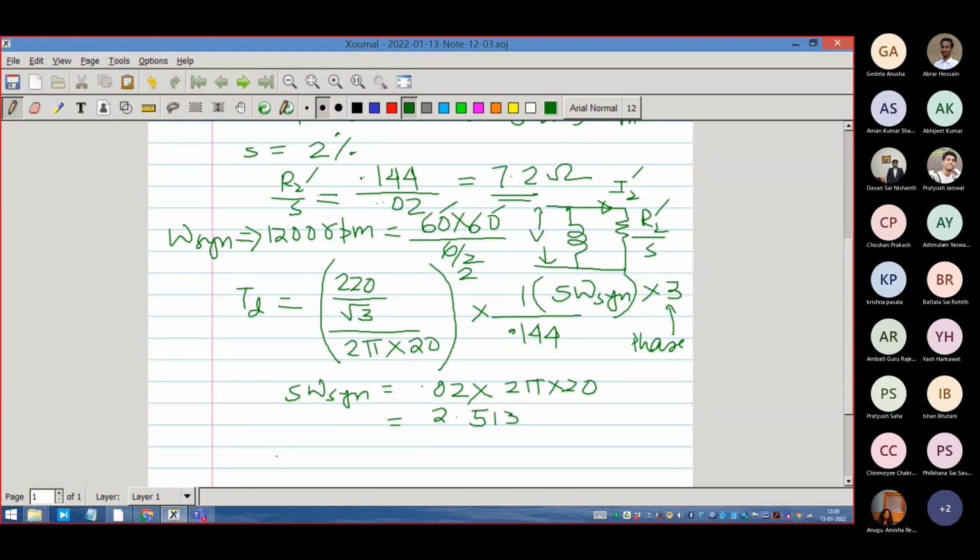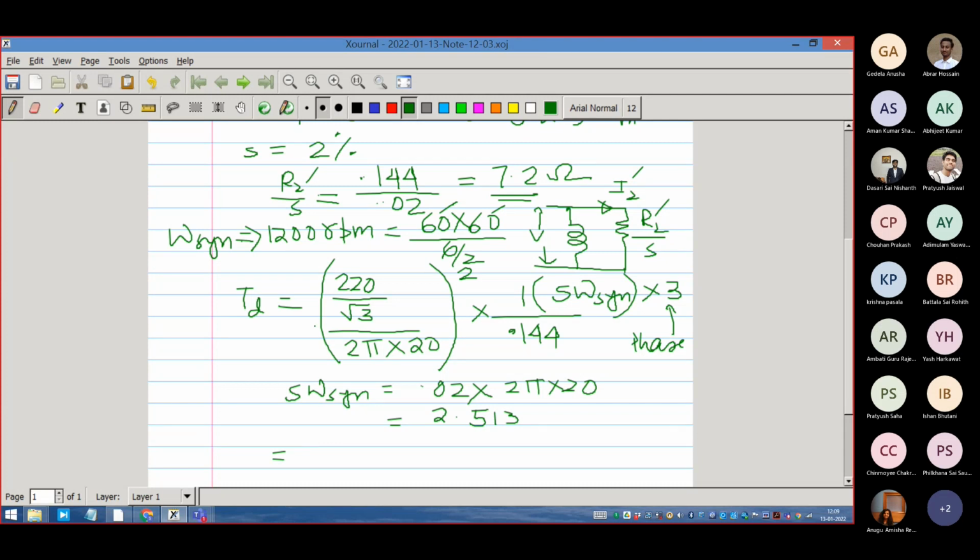So now what is the torque? Let me do the calculation again: 220 divided by root 3, divided by 2 divided by pi divided by 20. That is the term.